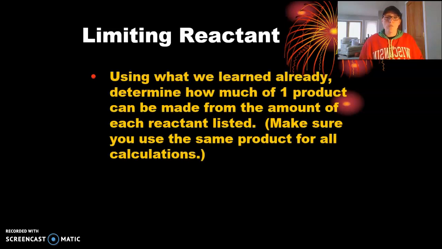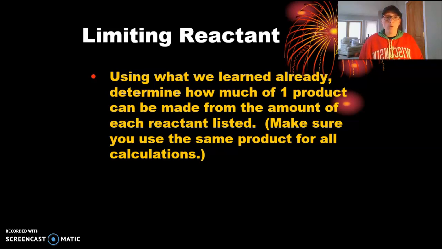So how do you do a limiting reactant problem? So far as we've done our stoichiometry, we've just ignored the fact that there might be something we run out of, and we've assumed that everything has enough. So to do this, we need to do the same thing we've already done, but we're going to have to do 2 stoichiometry problems simultaneously.